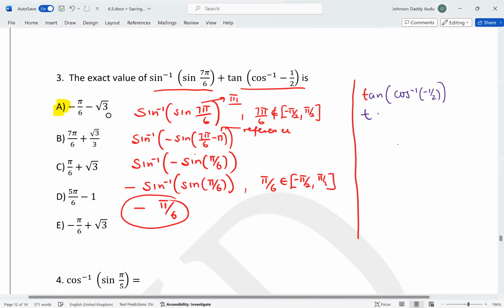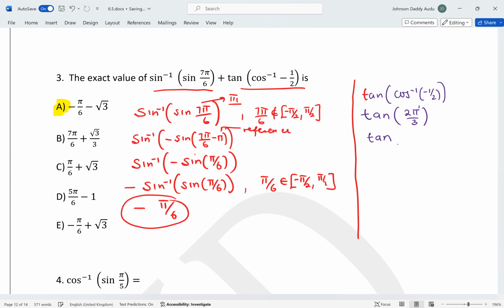So here we have tan of 2 pi over 3, right? Because cosine inverse of minus half is 120, which is 2 pi over 3. And this is just going to be tan of 120.